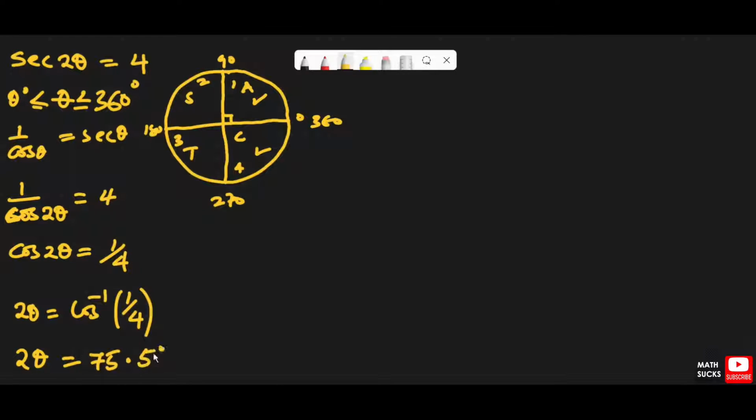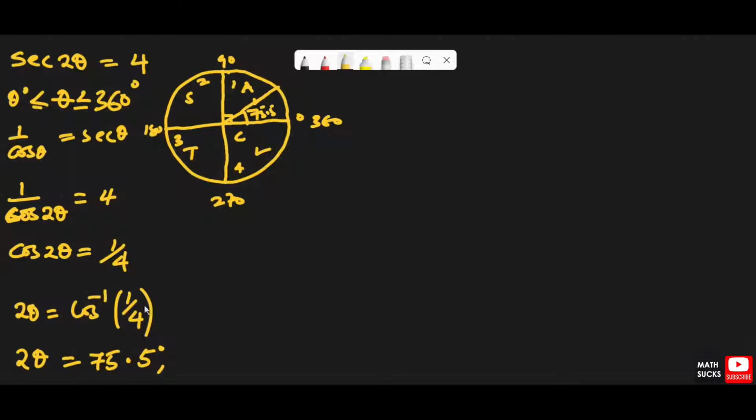We can keep it to this order. Since this is equal to 2 theta and we are interested only in theta values, we need to generate other angles even out of this range, such that when we divide by 2, those angles will reduce and come back to this range.